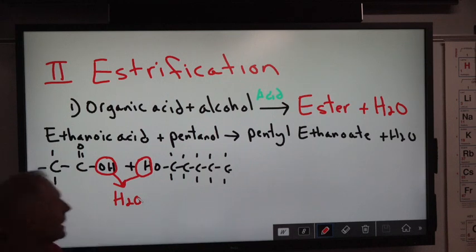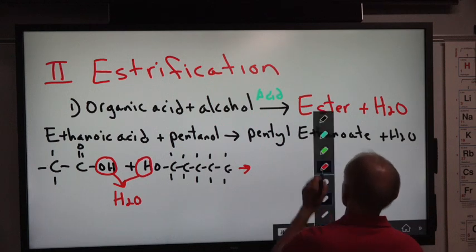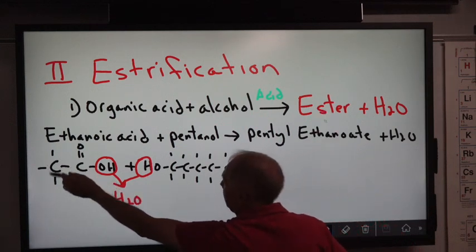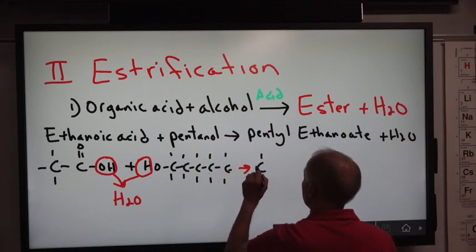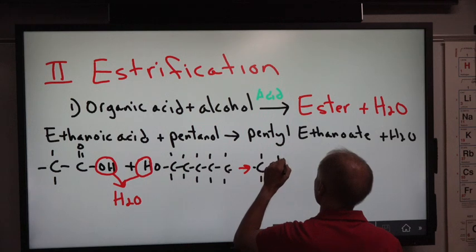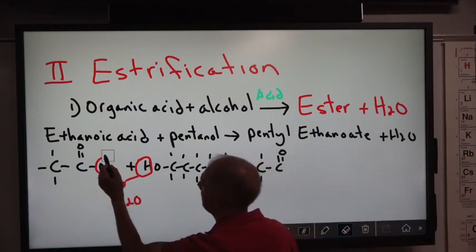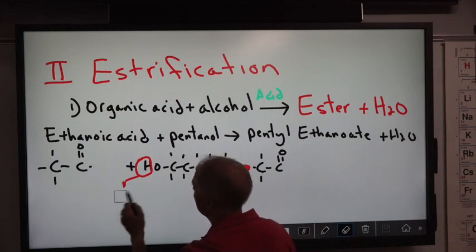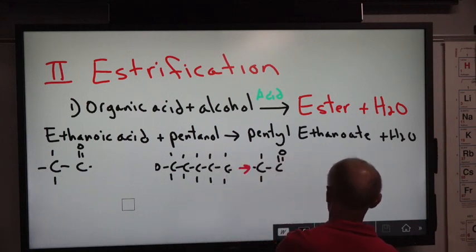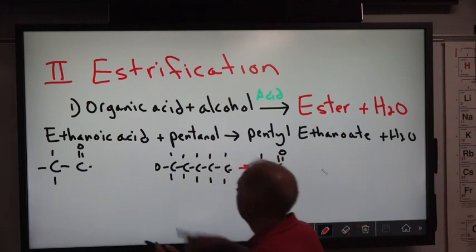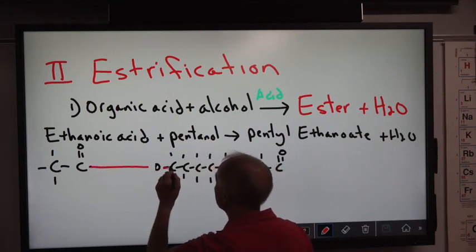Now on the other side, we're going to get this. We're going to get CH3CO, CH3C, double bonded O. Now, when I erase what I took out, what I have is I've got that O, and we bond it together like this.